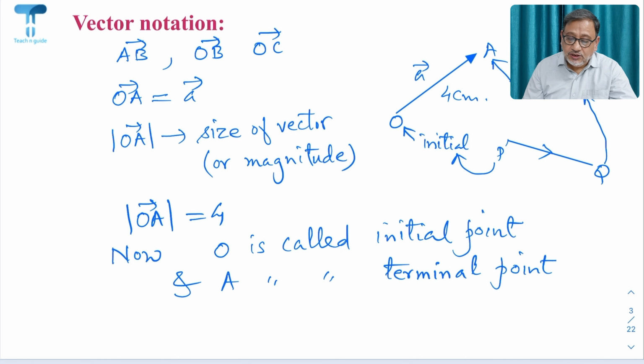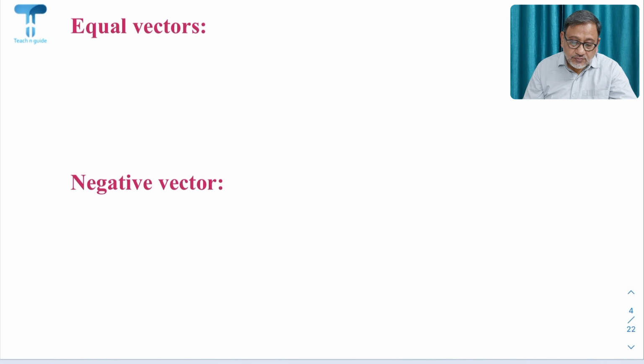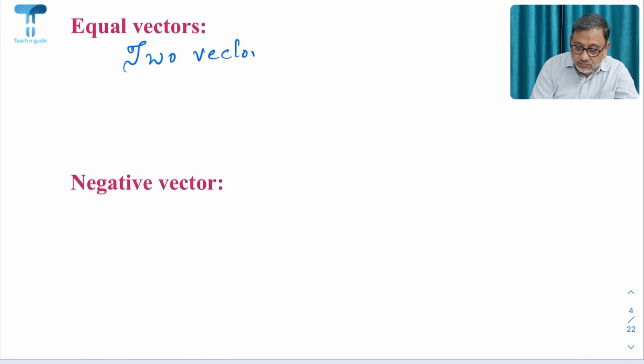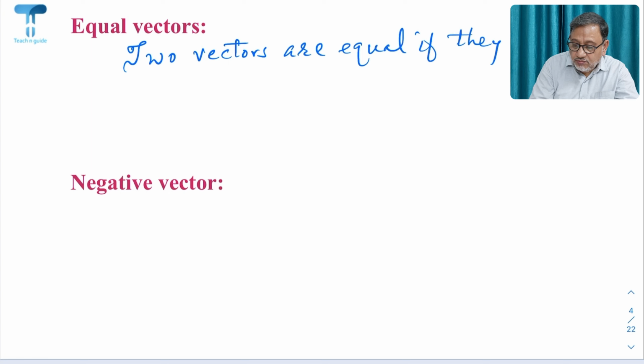Yeah, so let us move forward. Now equal vectors. Two vectors are equal if they have the same size, or the same magnitude, isn't it? So two vectors are equal if they have the same magnitude and same direction.